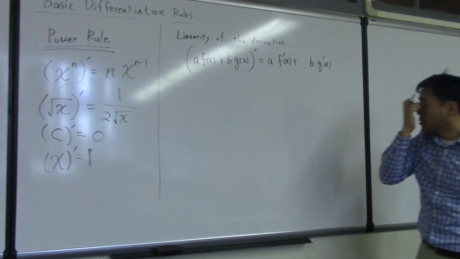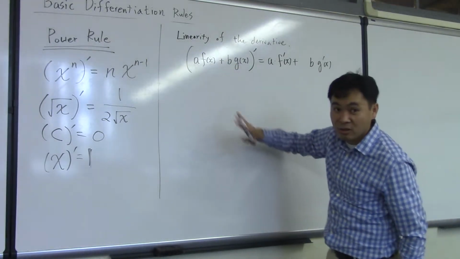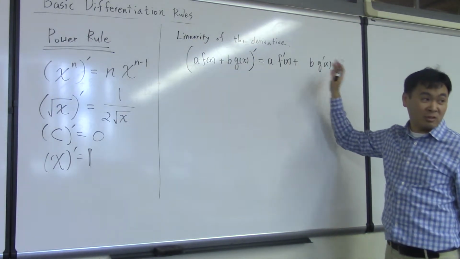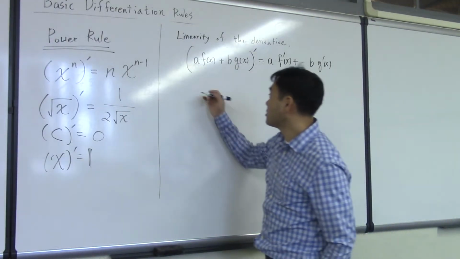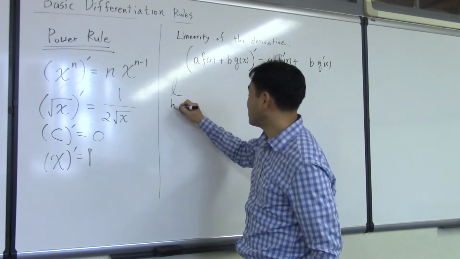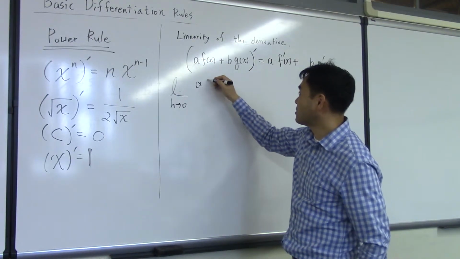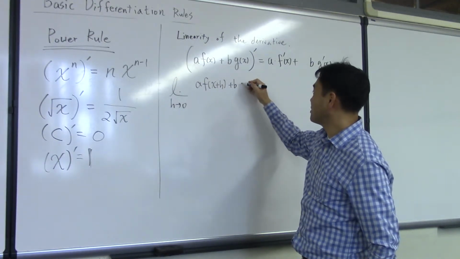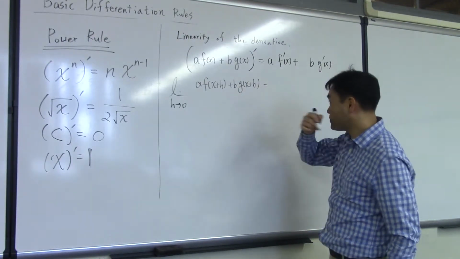So the derivative of a linear combination is the linear combination of the derivatives of these functions. That's what linearity of the derivative means. It's not even hard to show, so let me just do a quick proof. You can ignore this proof if you don't like following proofs, but sometimes following proofs gives you a better understanding of what's going on.